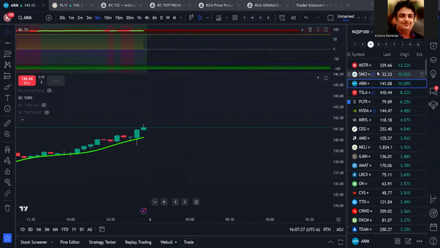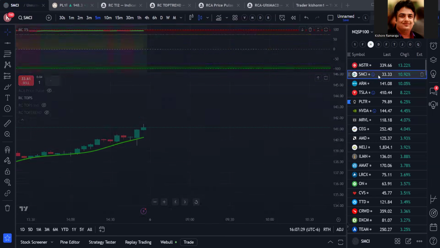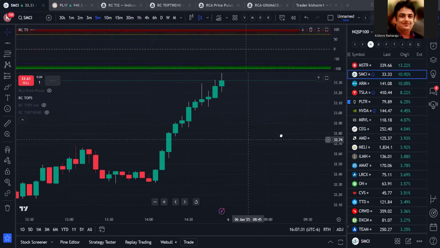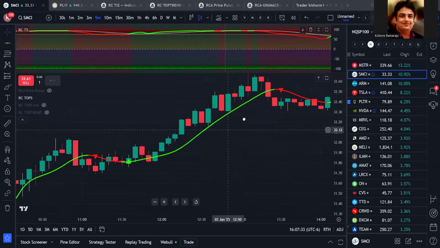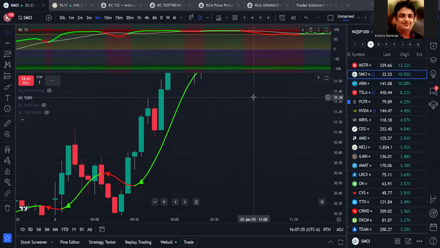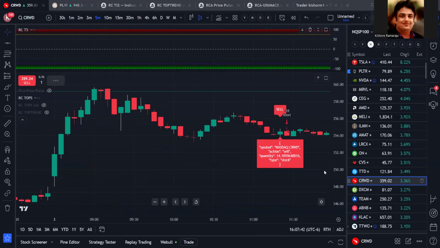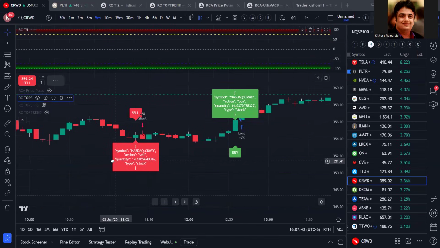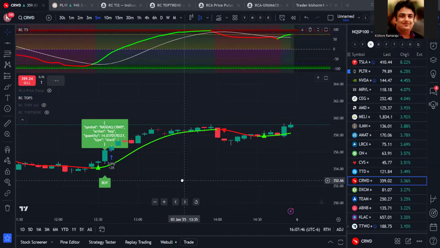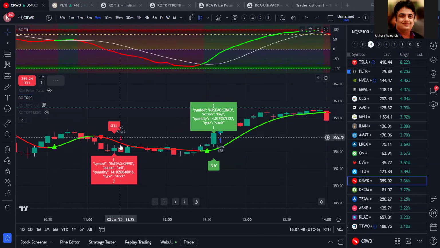For example, in the morning it started bullish, it went all the way up, it made huge profits. But let us see this example. SMCA also was very bullish. Let's take some stock. So for example, if it continues like this, chopping, here it gave a sell, immediately it gave a buy.